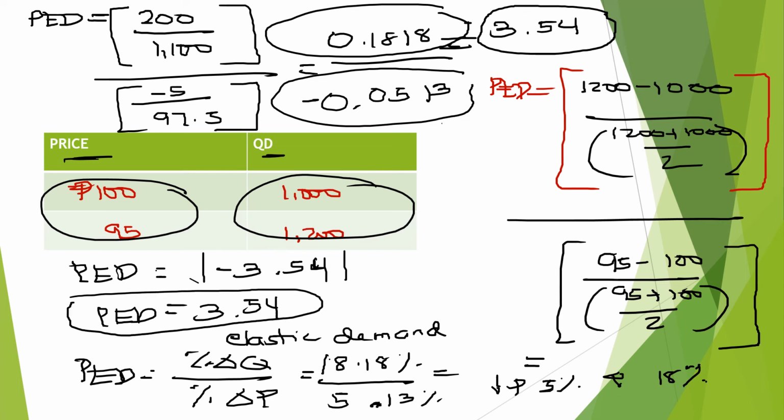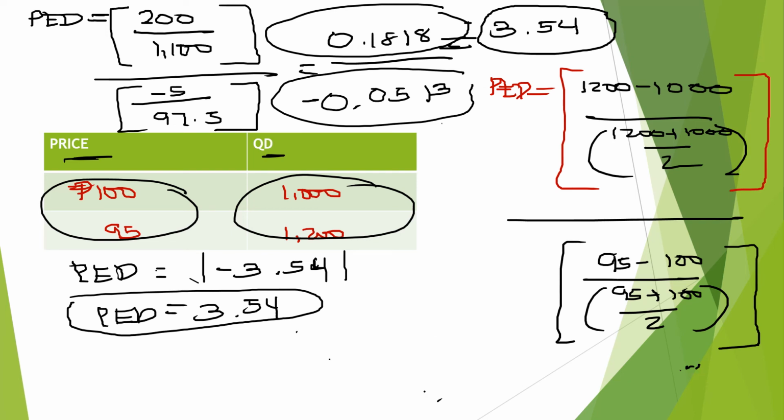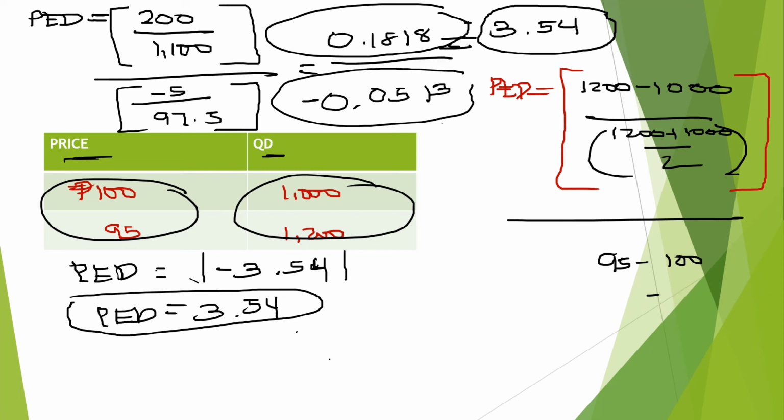Now, as we go back to our discussion about price elasticity of demand and revenue, what is the best pricing strategy for you in order to maximize or increase your revenue, knowing that your demand is elastic? If they are sensitive to the price, what do you think you should do with the price if you want to increase your total revenue?